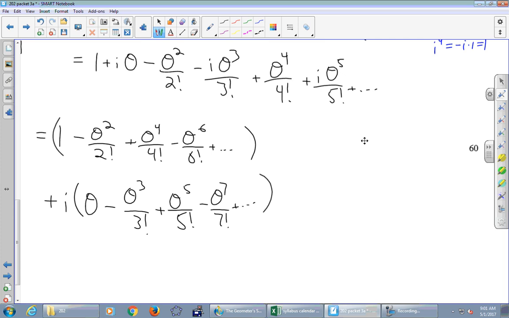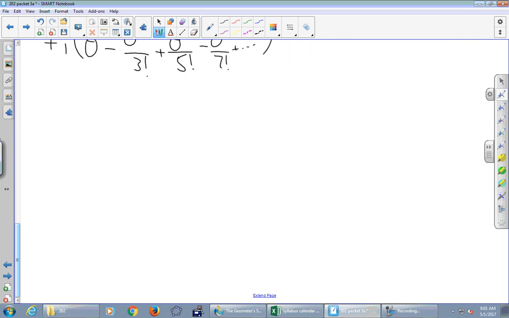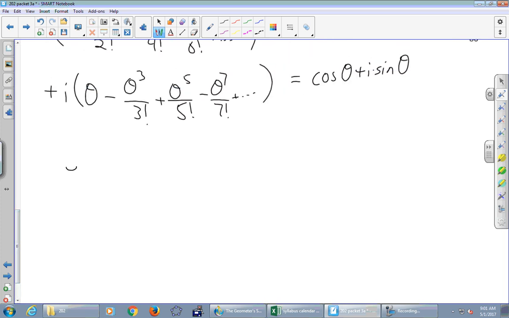So that means that this whole thing equals cosine of not x, but theta, right? Plus i times, let's look in the second parentheses, and look over on the sideboard. What is it? That is sine, yes? Sine of theta. I'll put a little dot for times there. So there we go. When all is said and done, we have just shown that e to the i theta is cosine of theta plus i sine of theta.